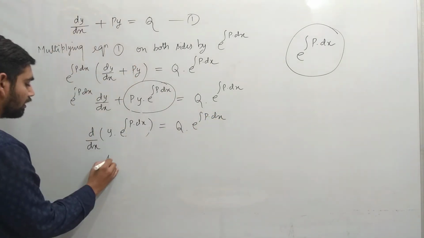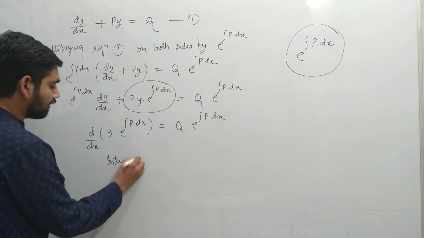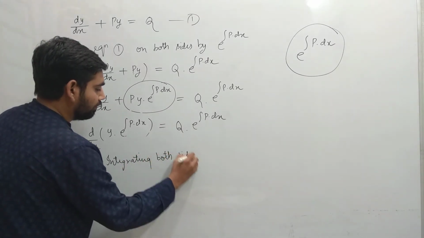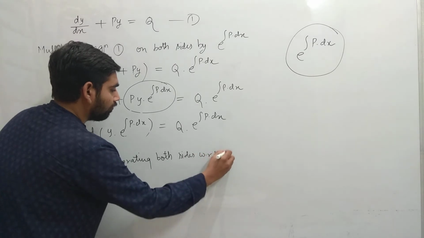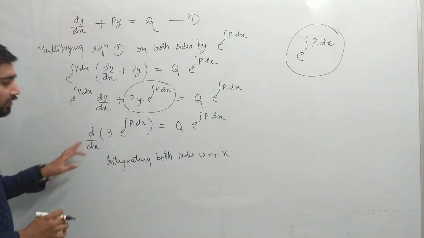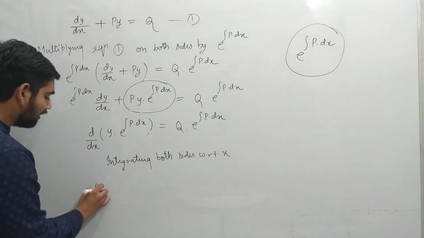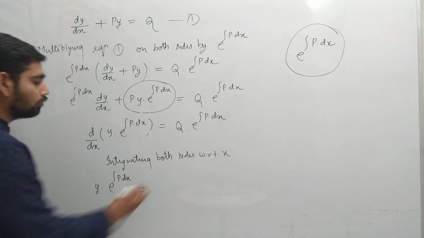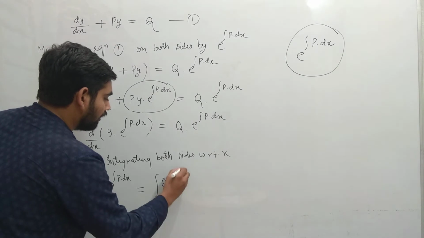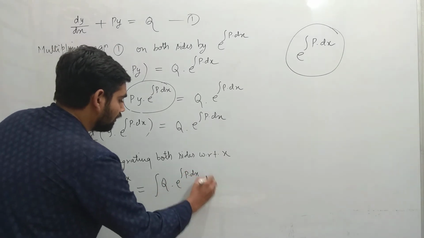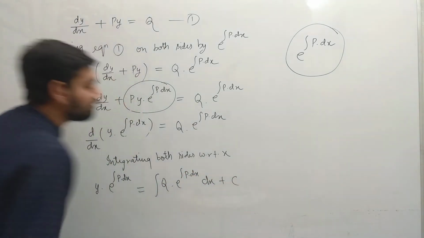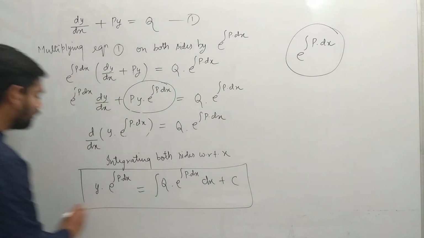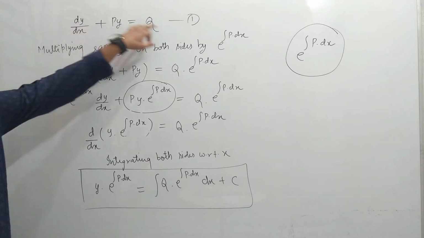Now integrating both sides with respect to x, the differentiation and integration will cancel out, and we get y into e to the power integral P dx equals integral Q into e to the power integral P dx plus constant of integration C. So this is the required solution of the linear differential equation dy by dx plus Py equals Q.